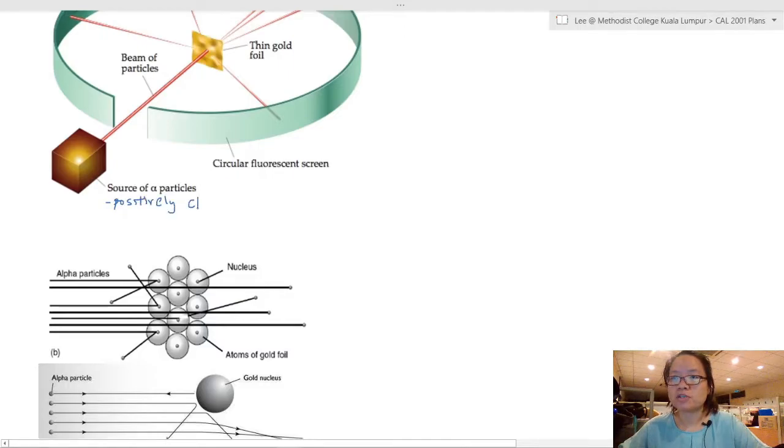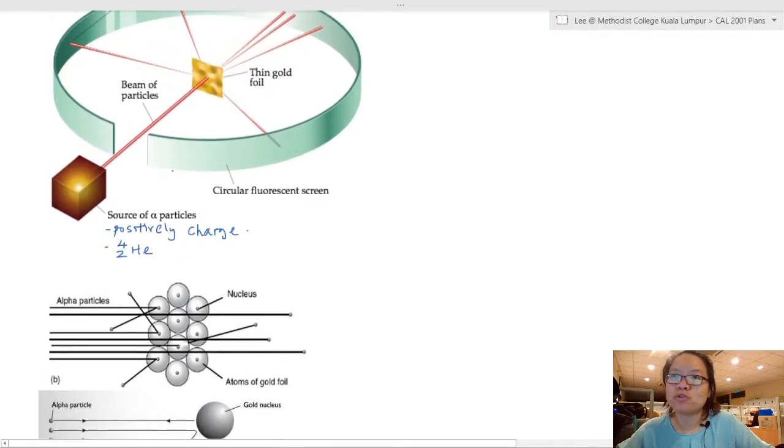It's not very heavy, and the symbol is 4,2 helium. In terms of atomic mass unit, I know I'm skipping ahead, but I think all of us took chemistry. So in terms of atomic mass unit, the helium is heavy, but nowhere in comparison to what is ahead of it.